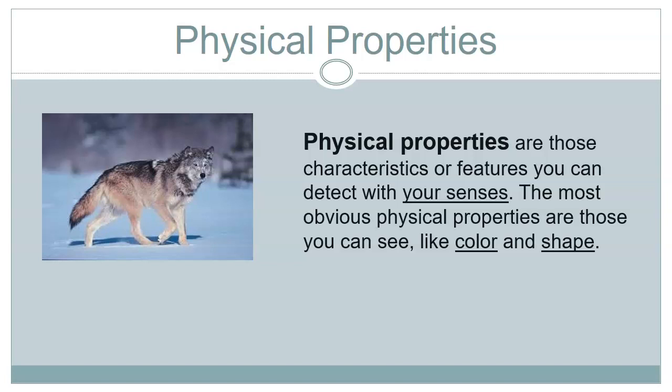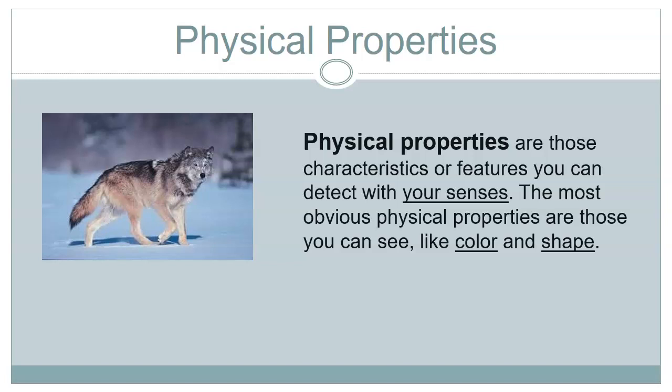Some of the most obvious ones are things like color and shape. Now you have a box there on your notes, and you can start filling in the list of some of these physical properties, starting with color and shape. Doesn't matter if you go across the box or down each column.